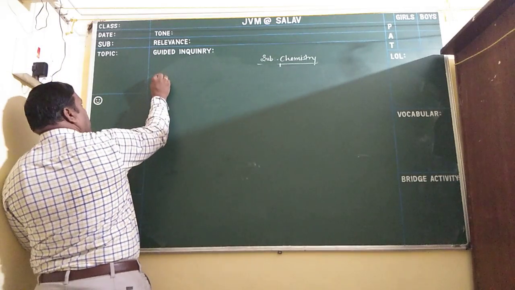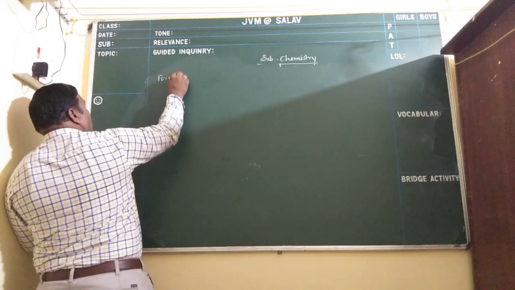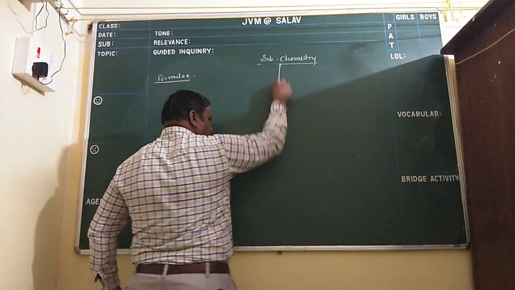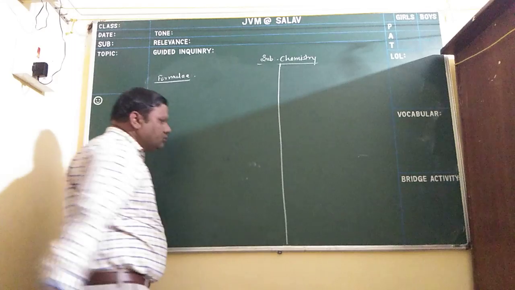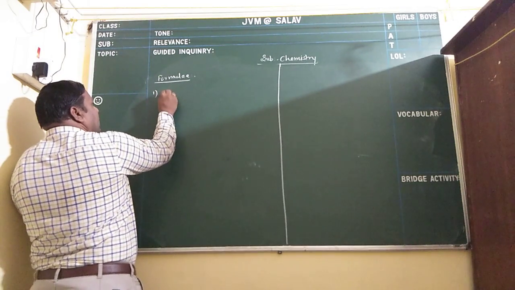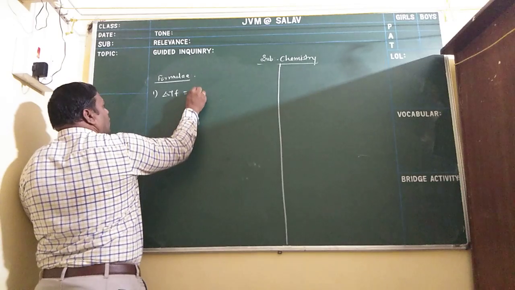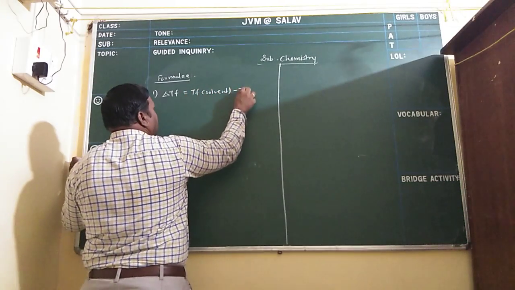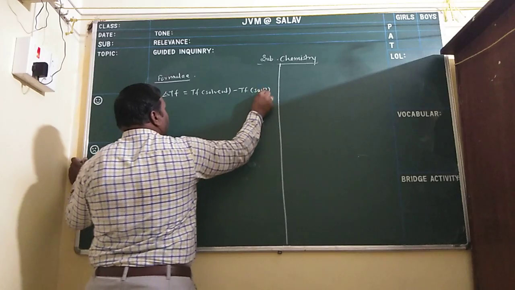The first one is del TF equal to TF solvent minus TF solution.